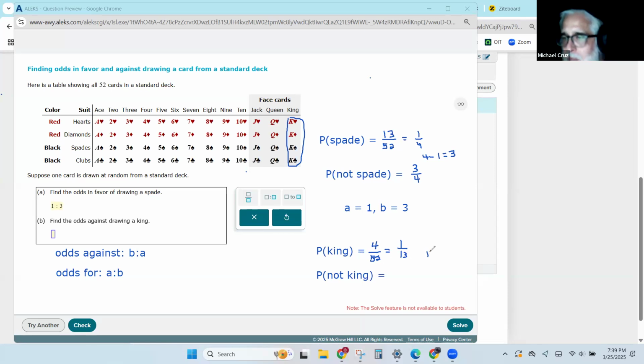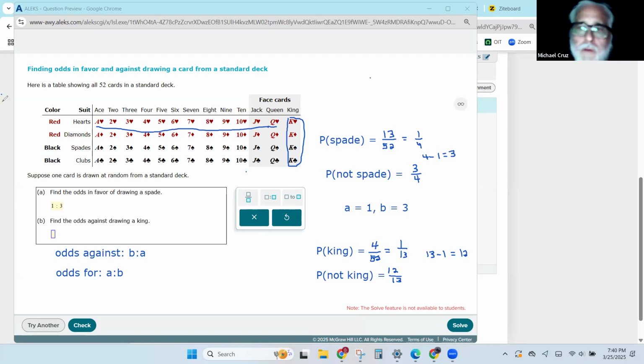So now 13 minus 1 gives us the 12 for the numerator of not a king. So 12 of the 13, and you can see it in any one of these suits. 1, 2, 3, 4, 5, 6, 7, 8, 9, 10, 11, and 12. So 12 out of each one of those suits are not kings.